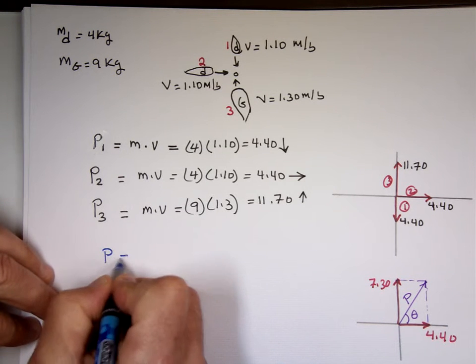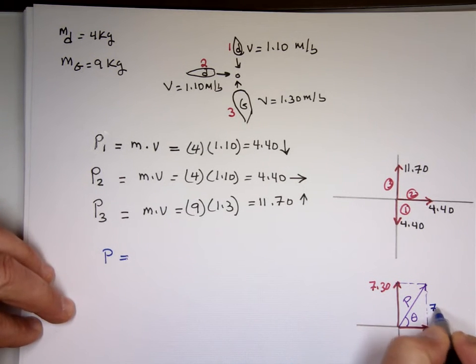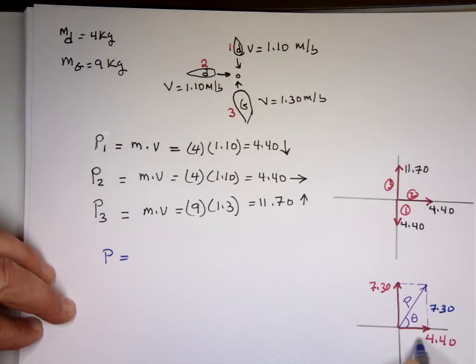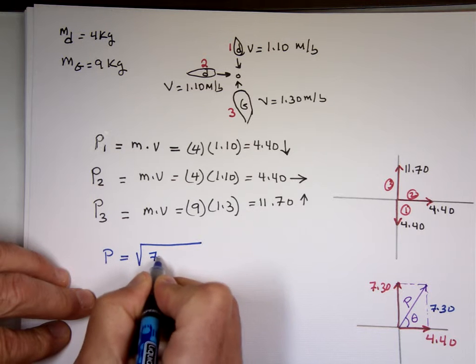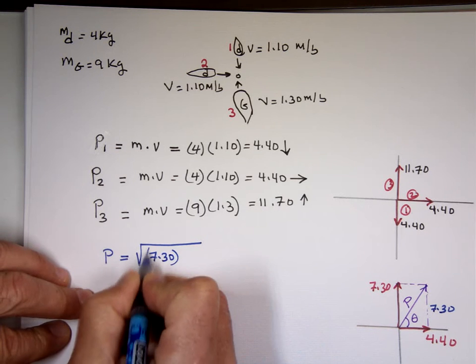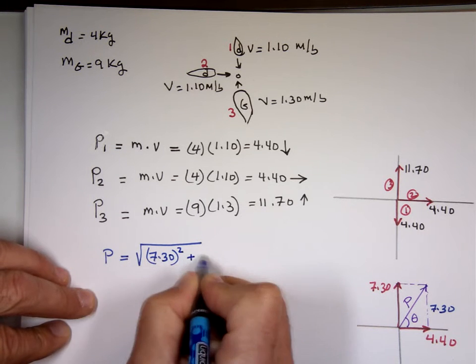To find P, since we know the x and the y, this is 7.30 and this is 4.4. It is the square root of 7.30 squared plus 4.4 squared.